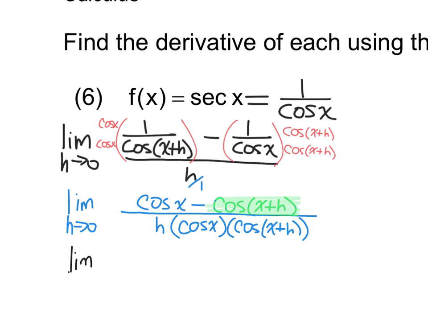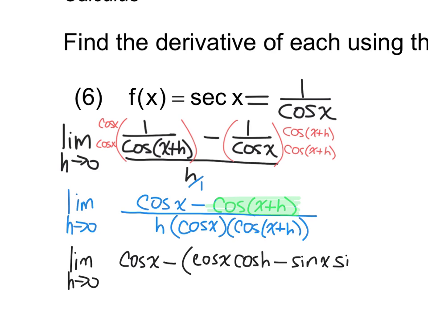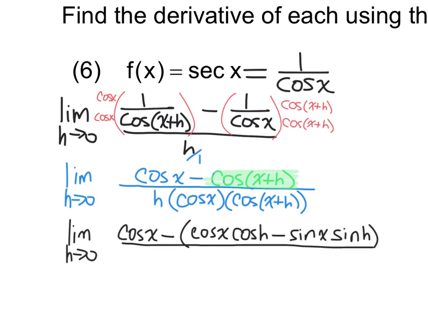So limit h approaches 0, cosine of x minus parentheses, just to play it safe, cosine x, cosine h, minus sine x, sine h, all over the stuff on the bottom.